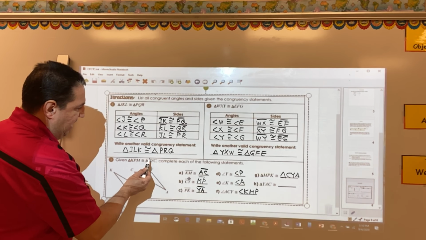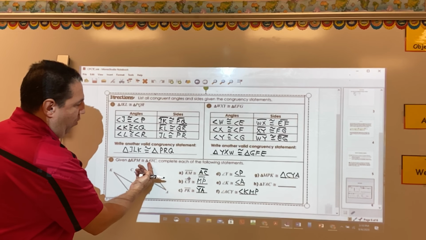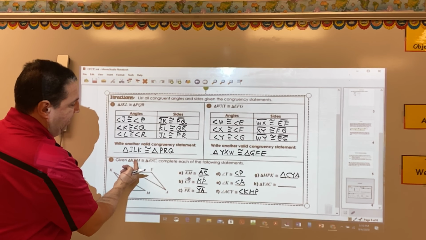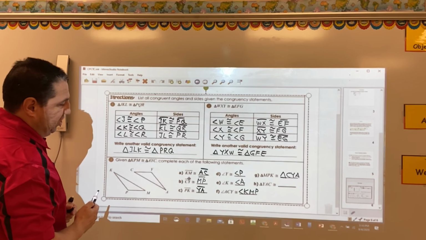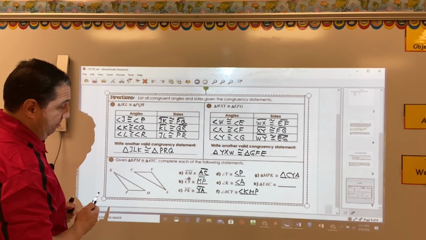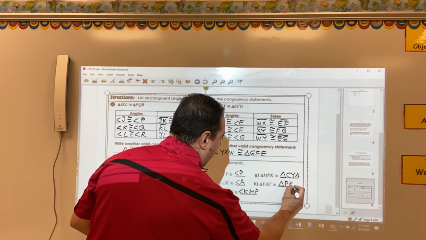YAC, yeah? So this time we switch the places of Y and C. And we do the same in the other triangle. We switch the place of P and K, yeah? So you're gonna have triangle PKM.